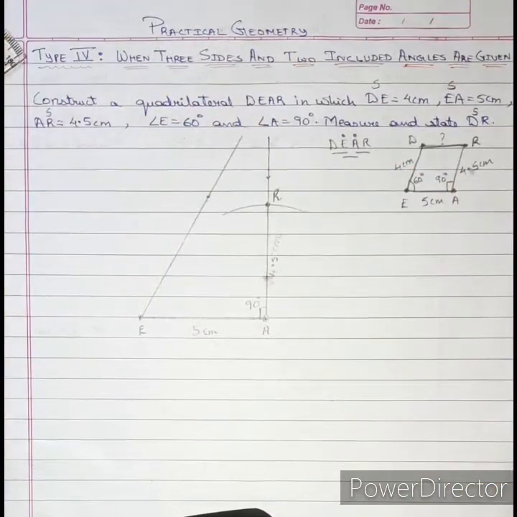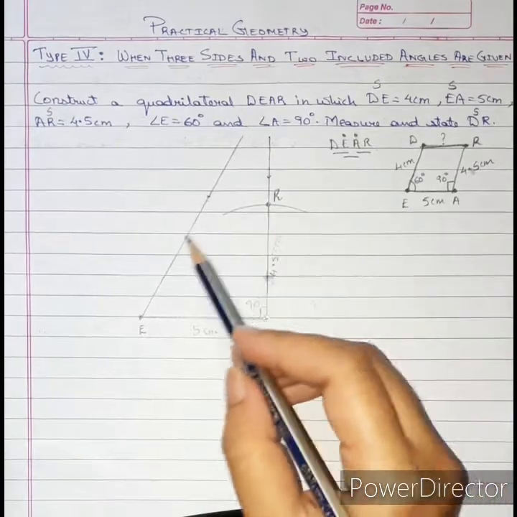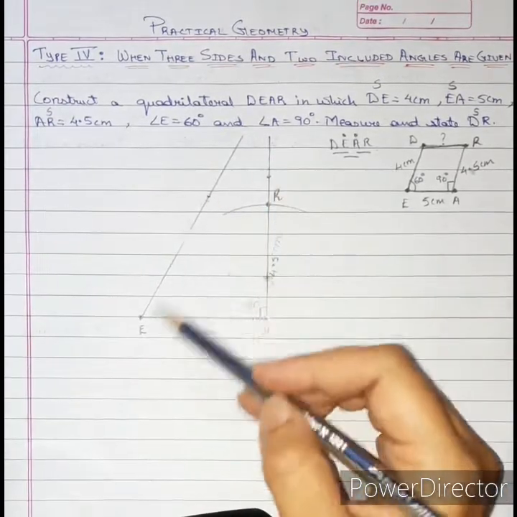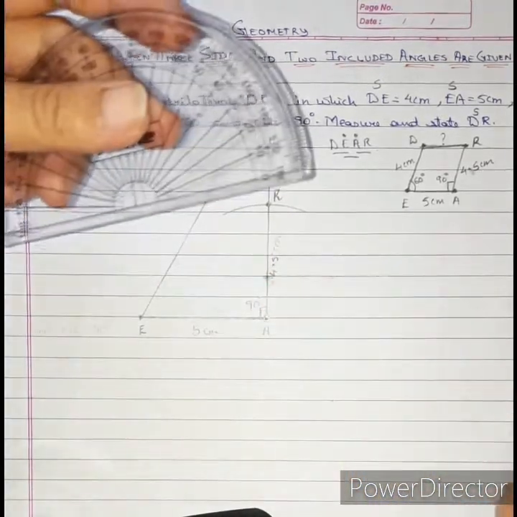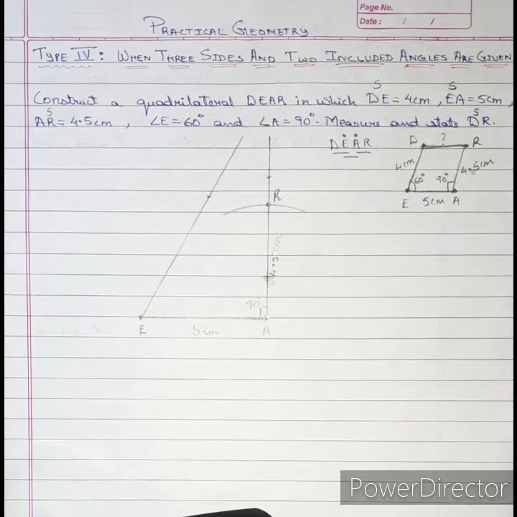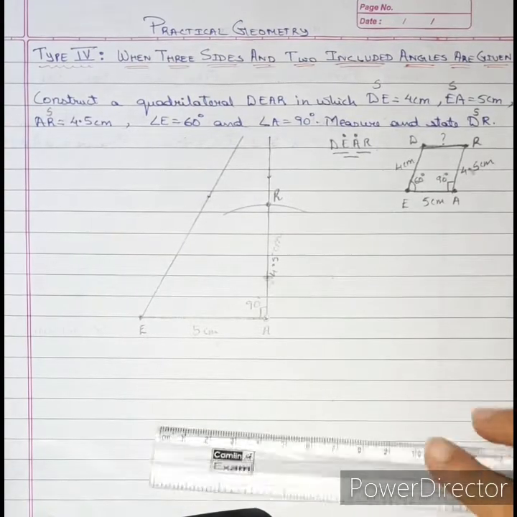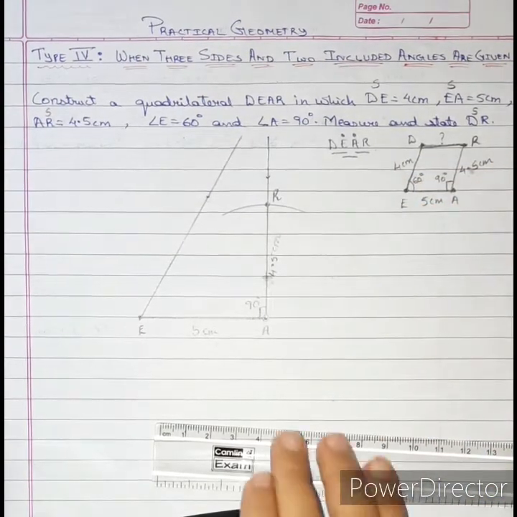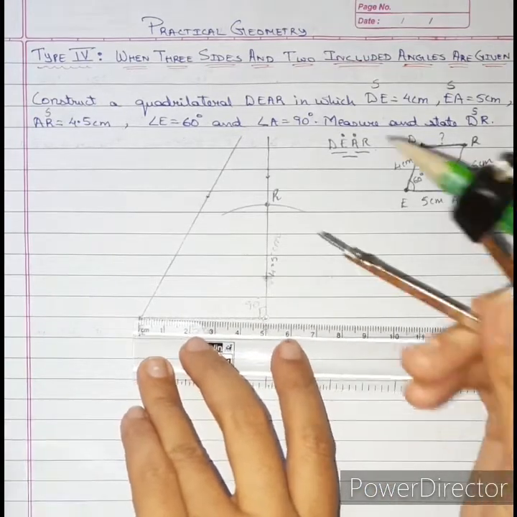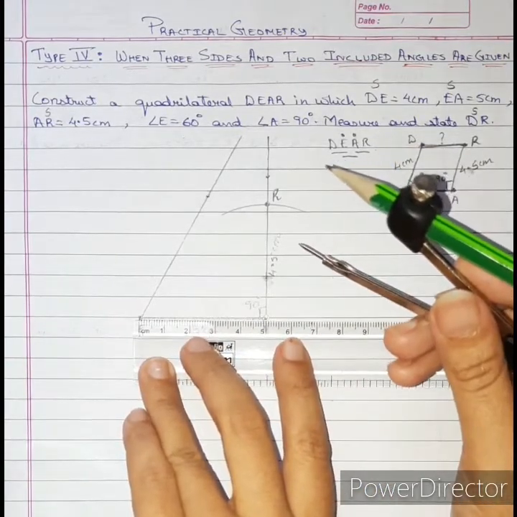Okay, that's it. Now have we done? You cannot join anywhere here. These are not the points, these are the angle points which we have taken using a protractor. So we are also given DE as 4 centimeters, so you can take the measurement of 4 centimeter.